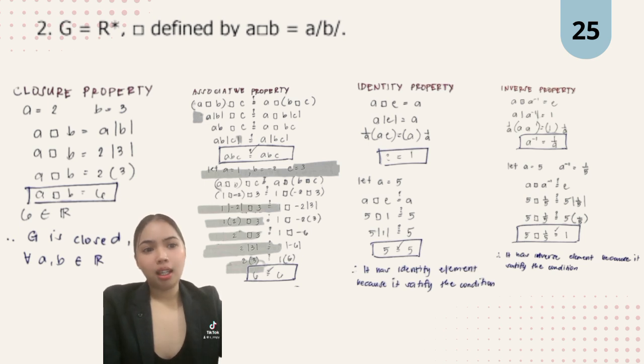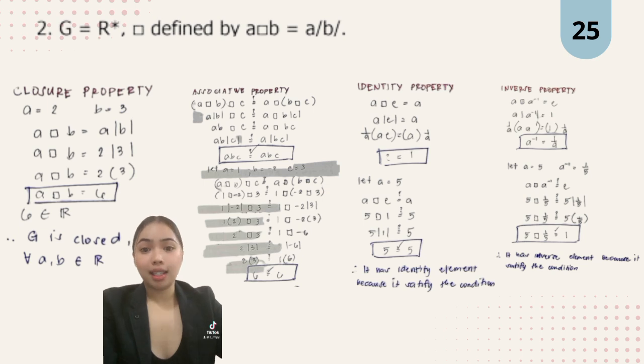So AB absolute value of C is equal to A absolute value of BC. So the answer is ABC is equal to ABC. So they are equal and it is associative property.